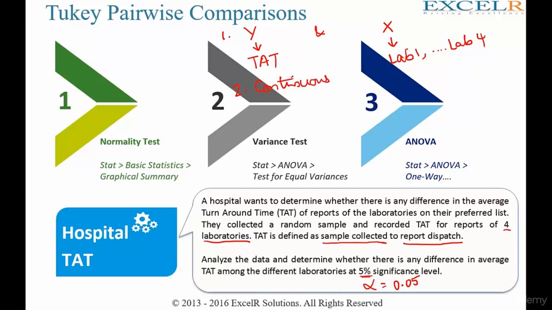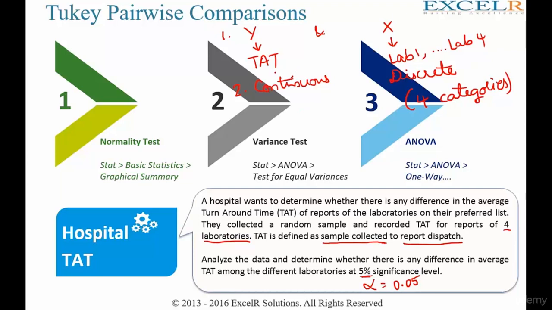And we have x, which is discrete, and we have 4 discrete variables here. This is discrete with 4 categories, and turnaround time is continuous.